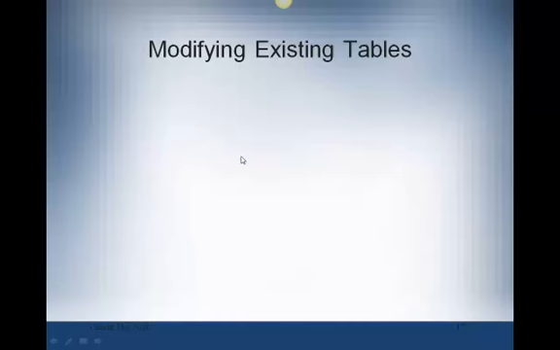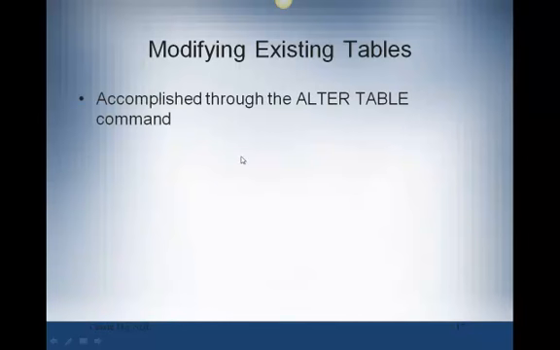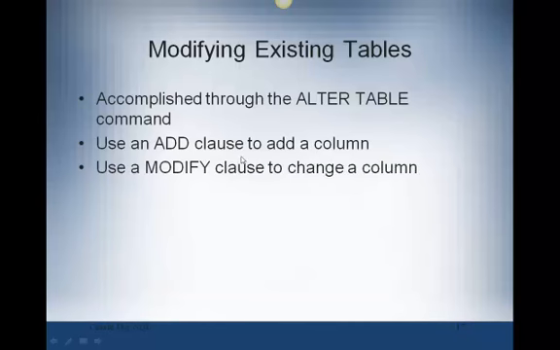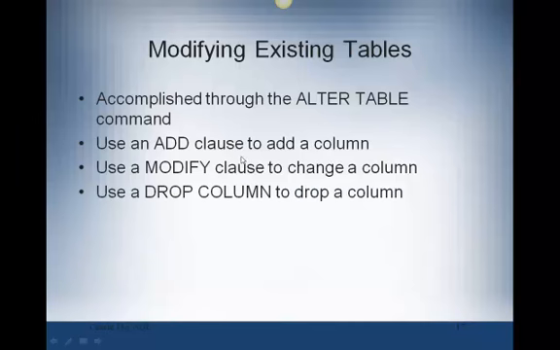You can modify existing tables using the alter table command. And you can alter it by adding a new column, modifying an existing column by changing the column definition, or you can drop a column from an existing table, get rid of it.